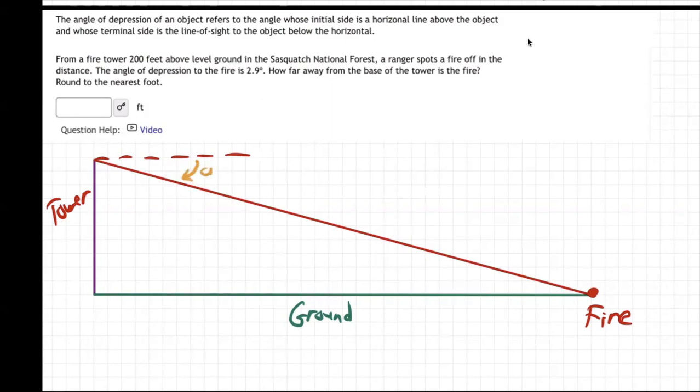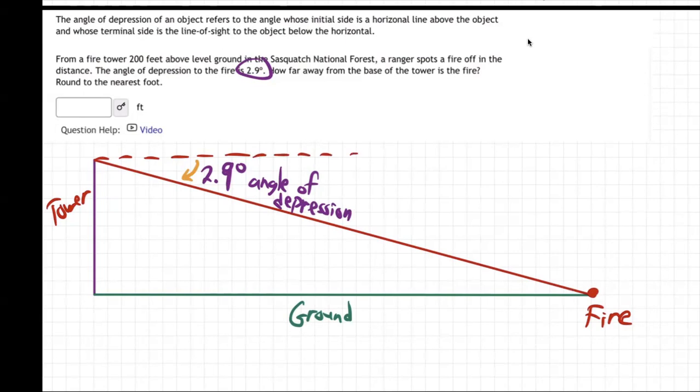So this, let me change the color. This right here is 2.9 degrees, the angle of depression.